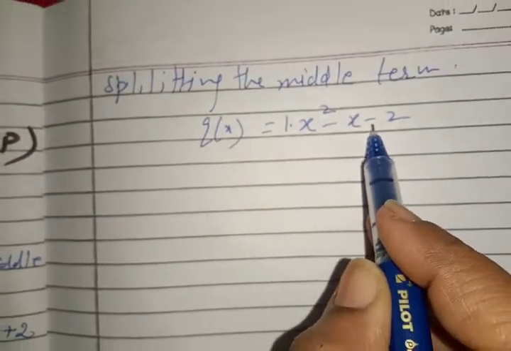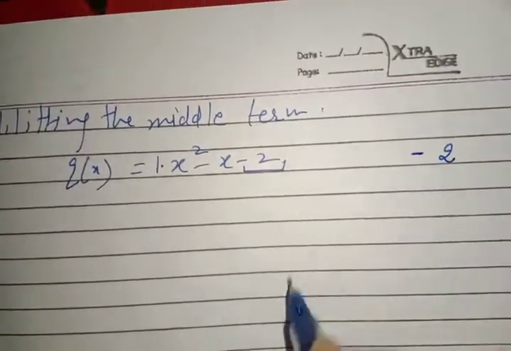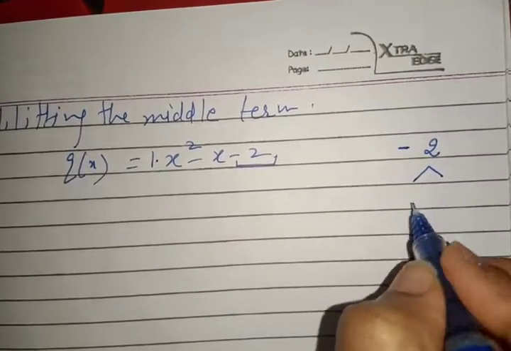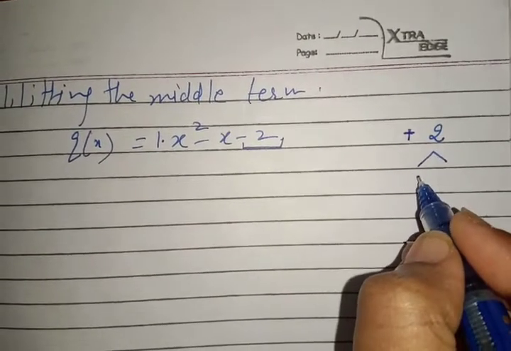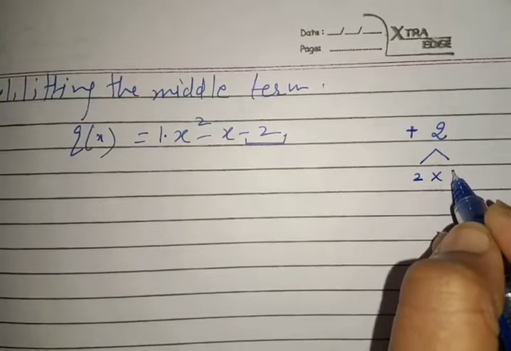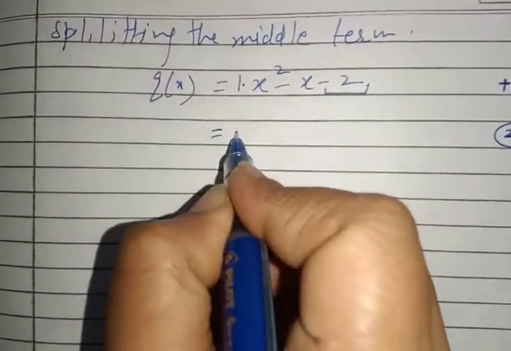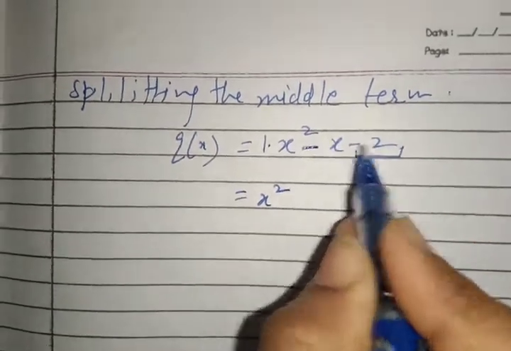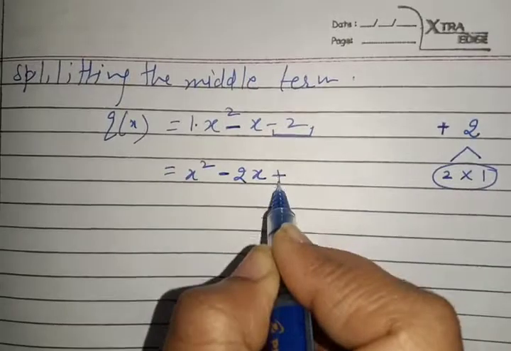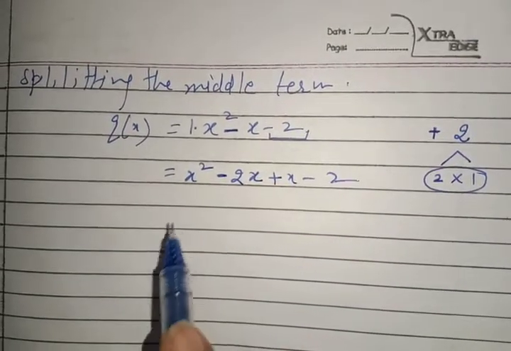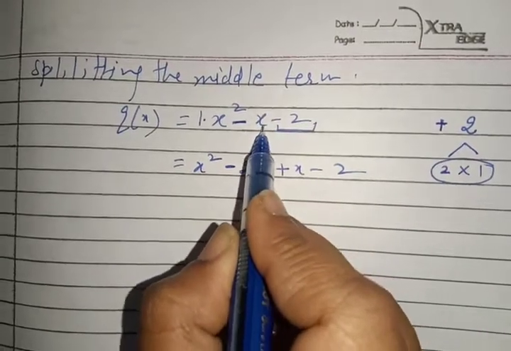Last two numbers, this minus 2 and 1, the product of these two is minus 2. Now the factors of this, without sign, we will find. Factor of this is 2 into 1, only one factor. So this will be x square minus x minus 2. You can see that this is the middle term, we need to split it.